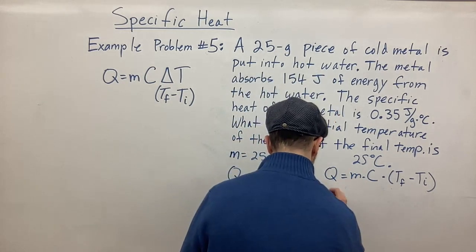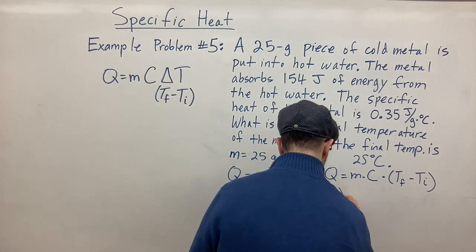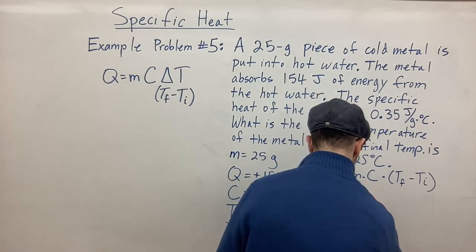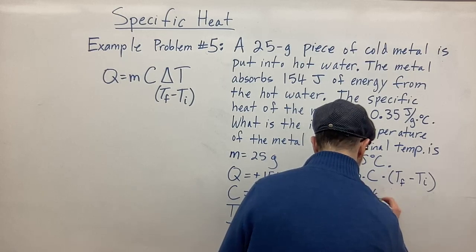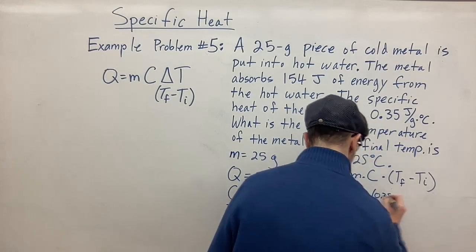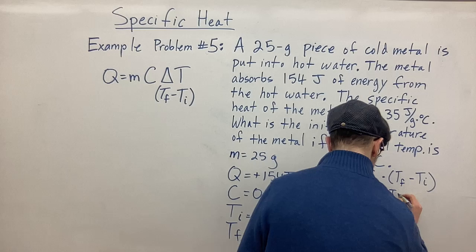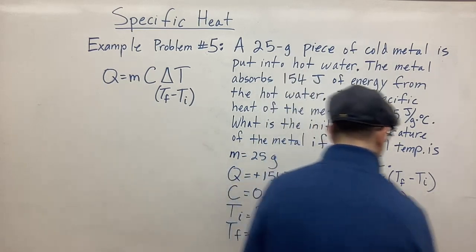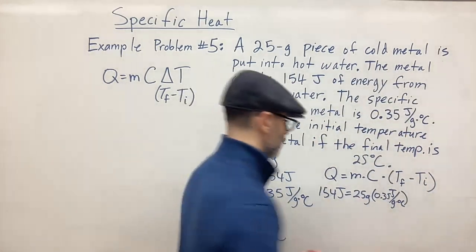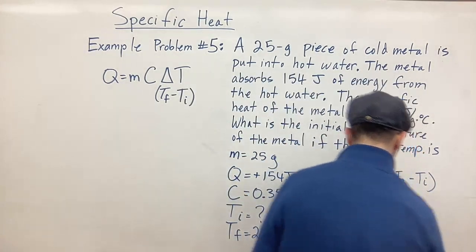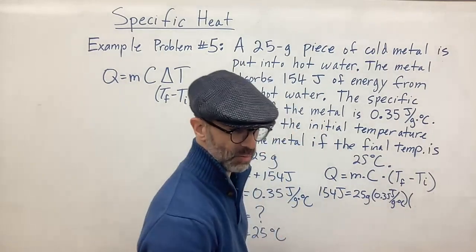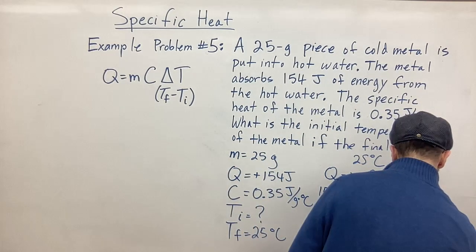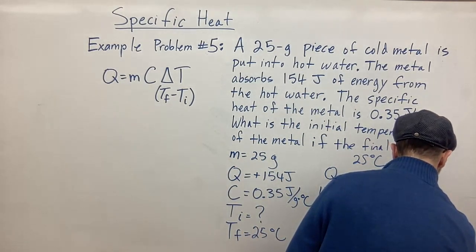So we have, again, 154 joules is equal to the mass, which is 25 grams, multiplied by 0.35 joules per gram degrees Celsius. And then that is going to be final minus initial. Again, our final temperature is 25 degrees Celsius, so 25 degrees Celsius minus T initial.